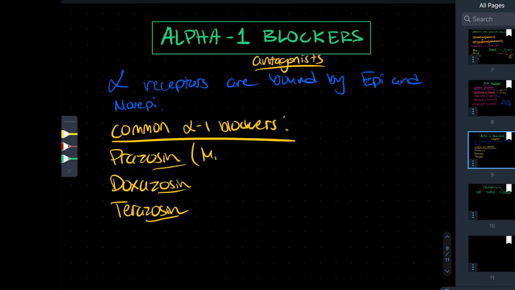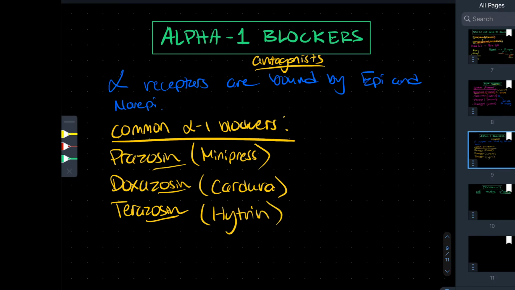Prazosin is also called Minipress. Doxazosin is also called Cardura. And terazosin is also called Hytrin. I've never known how to pronounce that. So as you can see, sometimes it will end in zosin. There are other alpha 1 blockers that I didn't mention. These are the main ones you're going to see, though.